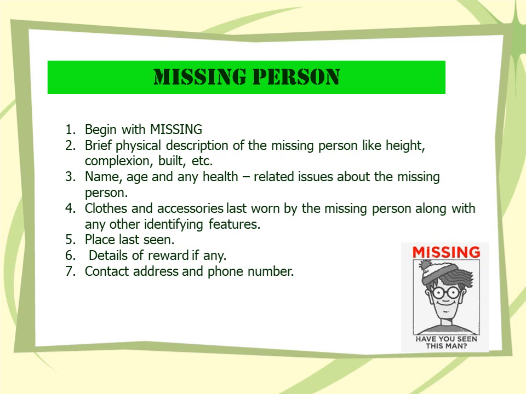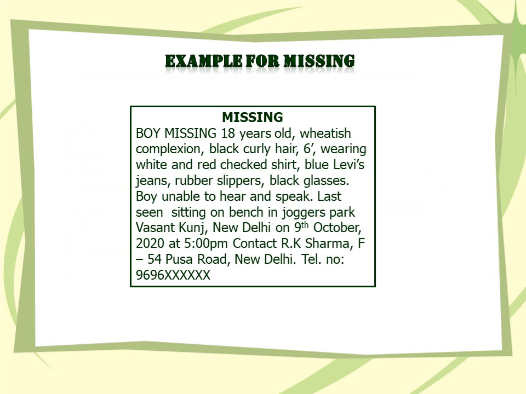And suppose the person is having a black mole on the face or any other identifying feature can be mentioned here. Place last seen, where was the person seen for the last time? Okay, and then details of reward if any, and then contact address and phone number.